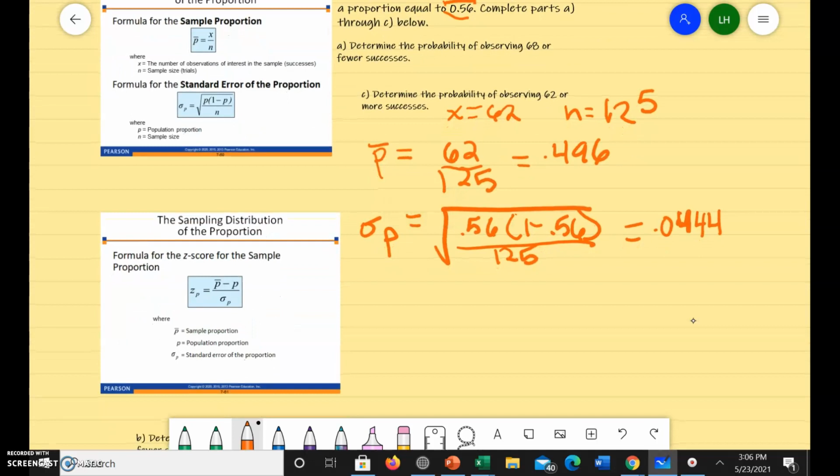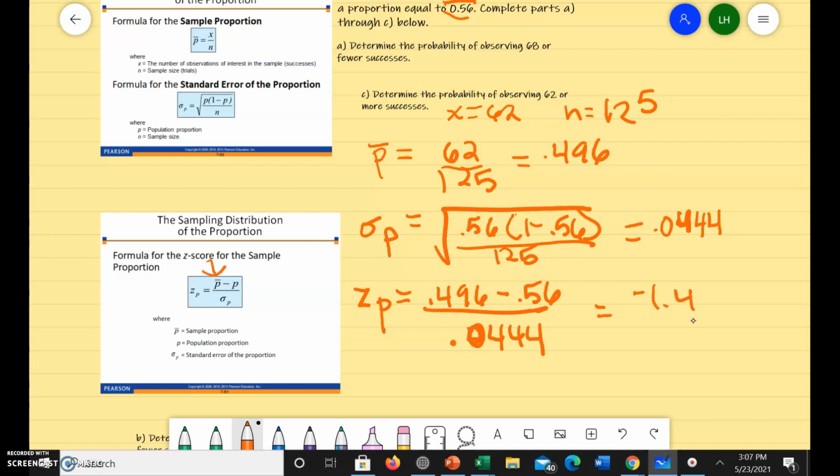Okay, so now we're ready to get the z-score, and we're going to do our sample proportion, which we calculated, 0.496, minus P, which is the population proportion, divided by the standard error of the proportion, which is 0.0444. So 0.496 minus 0.56 divided by 0.0444 is going to give us a z-score of negative 1.44.